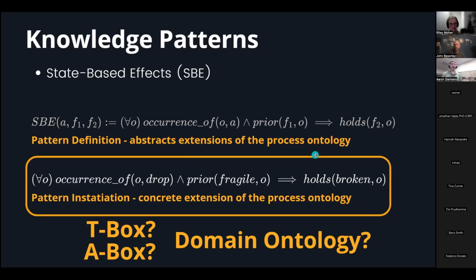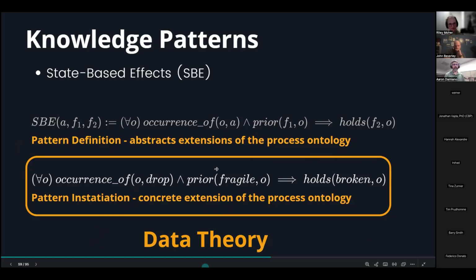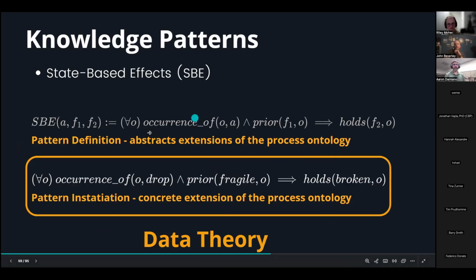That would be part of what goes into that data theory. As a state-based effect example, if a certain status is true of the customer's account prior to you trying to issue a line of credit, then you would want to either approve or deny that. So you would have an acceptable or unacceptable state holding on the client's account, as an example.